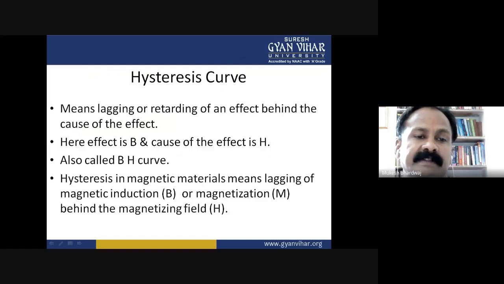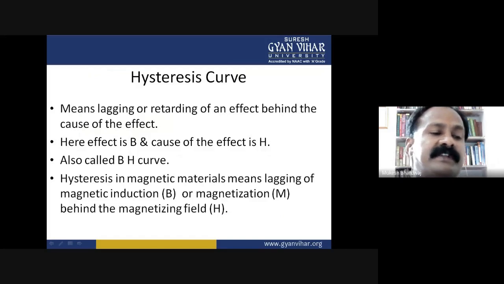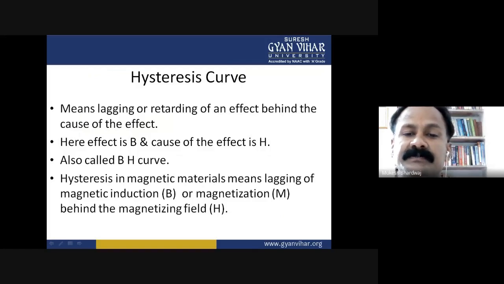Here, the effect is magnetic flux density and the cause is magnetic field intensity, also called the BH curve. The hysteresis curve is known as the BH curve. Hysteresis in magnetic materials means lagging of magnetic induction or magnetization behind the magnetizing field H.